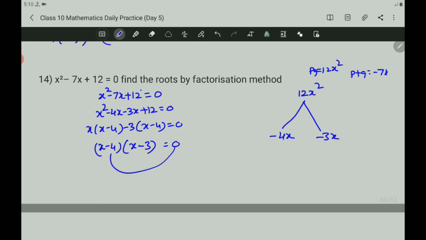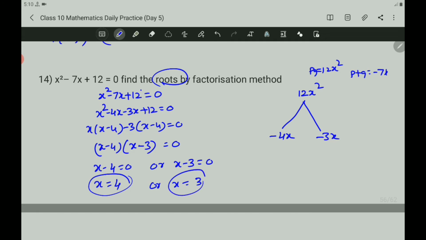So equate x minus 4 equals 0 and x minus 3 equals 0. Right? x minus 4 equals 0 or x minus 3 equals 0. So you got x equals 0 plus 4. x minus 4 equals 0 means it is a linear equation. You solve it, that you will get x equals 4 or x equals 3. So the roots are x equals 4 and x equals 3.